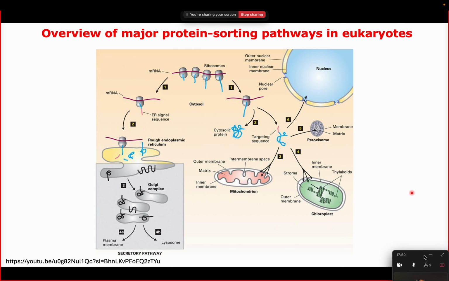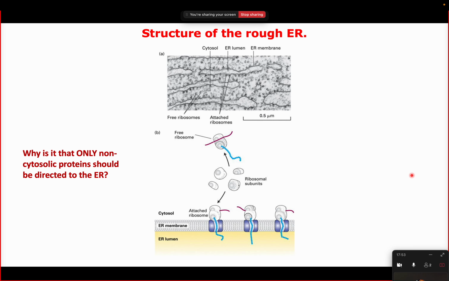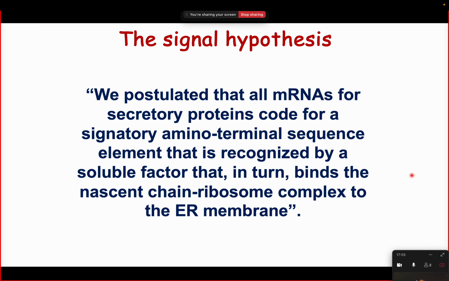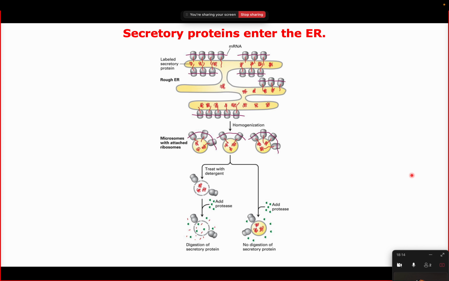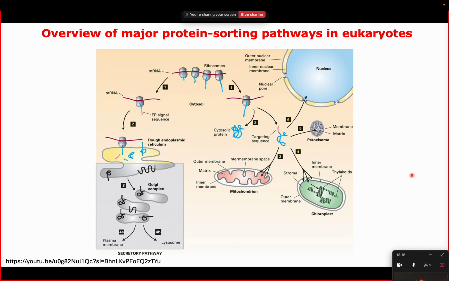So what I'm trying to say, the hypothesis states that we postulated that all mRNAs for secretory proteins code for a signatory amino terminal sequence element that is recognized by a soluble factor that in turn binds the nascent chain ribosome complex to the ER membrane. Again, I'll try to simplify it for you guys. This is the location of translation. It is same for all the proteins, irrespective of whether they are membrane proteins or cytosolic proteins. Correct?